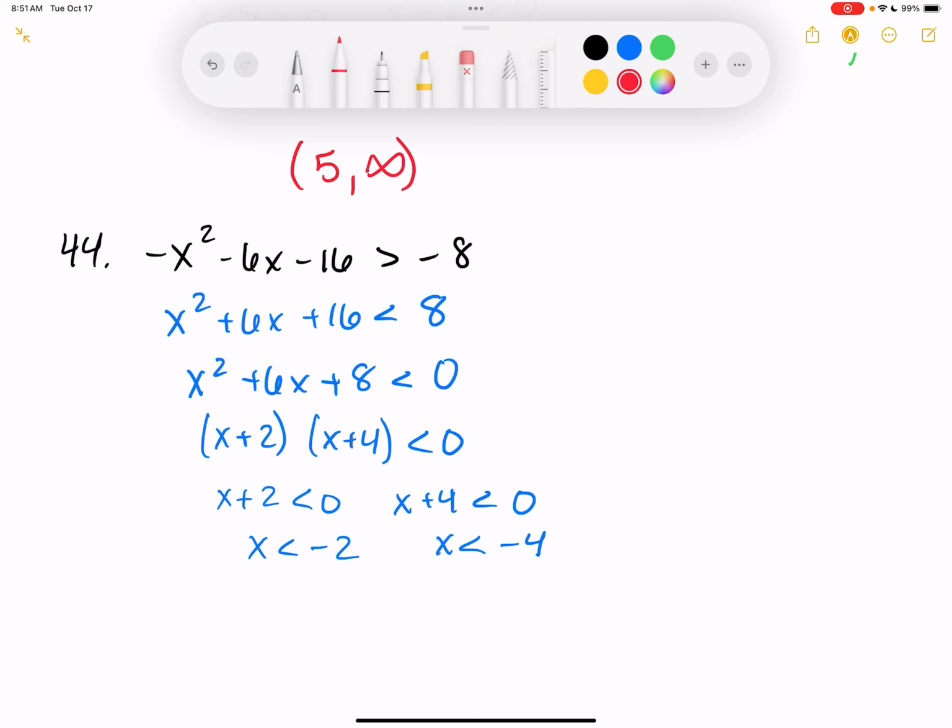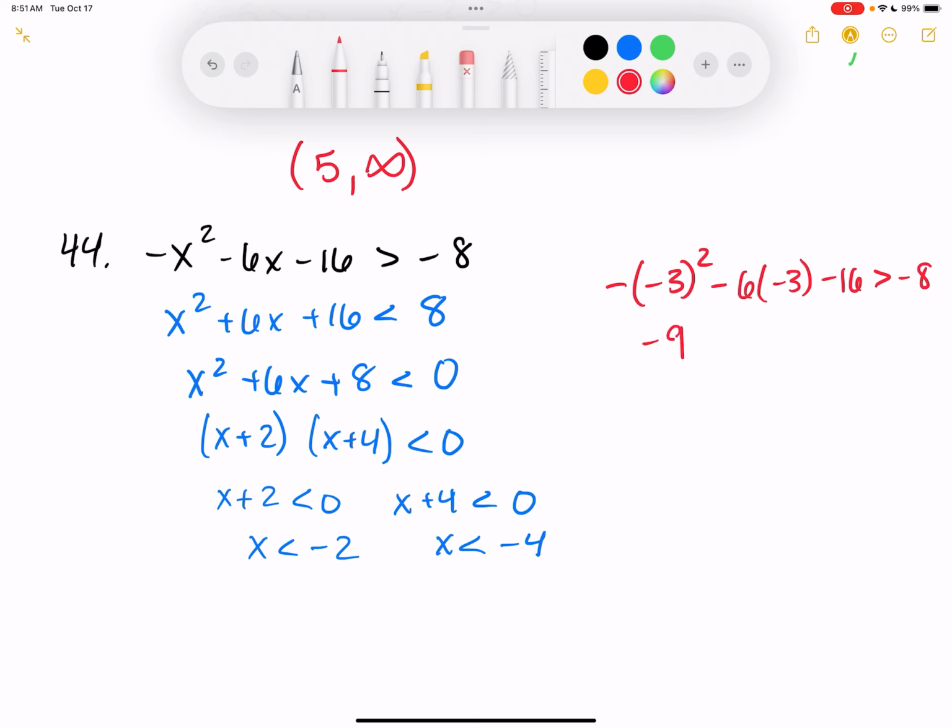And it's always going in the original. So, negative, in parentheses, -3 squared, minus 6 times -3, minus 16 is greater than -8. The -3 squared is going to become +9, but it's negative because of the negative out front.